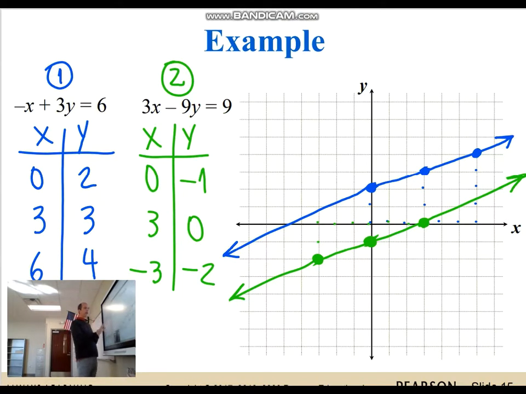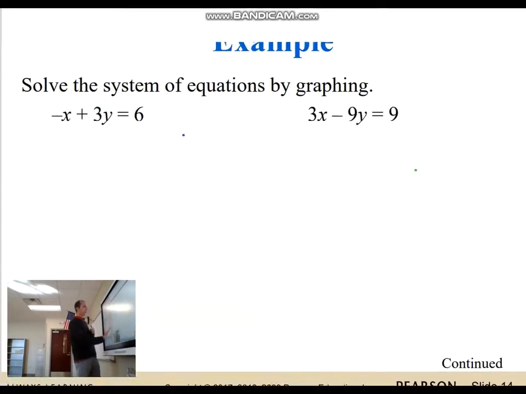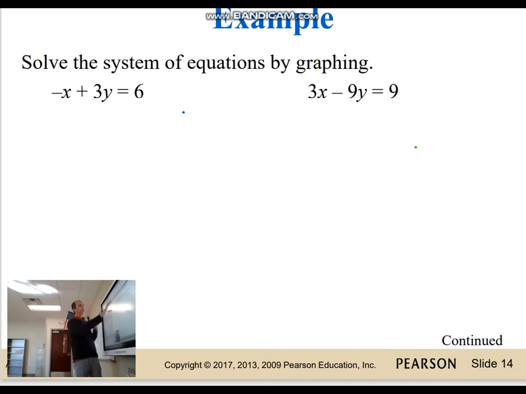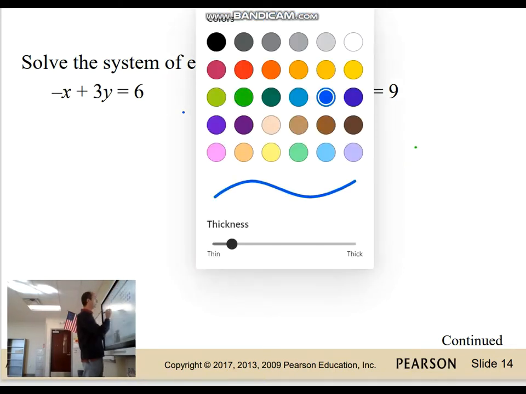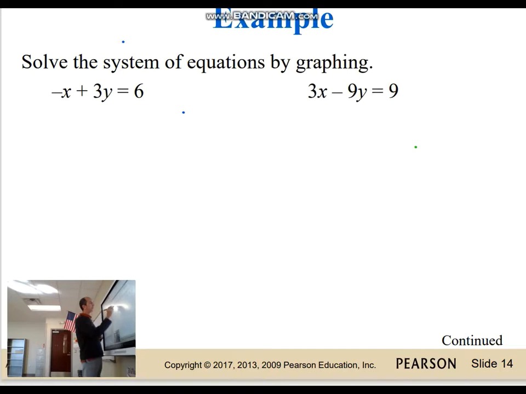Another way of confirming that the lines are parallel and there is no solution is to go back a little bit and transform each equation using the slope-intercept form. Let's change equation number 1. We move everything to the other side and keep just y on the left-hand side.